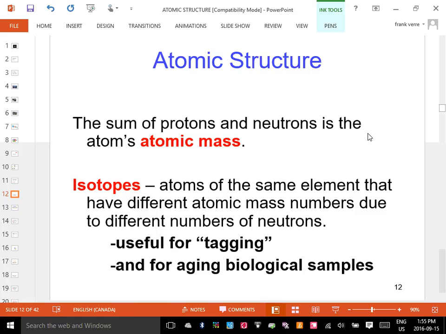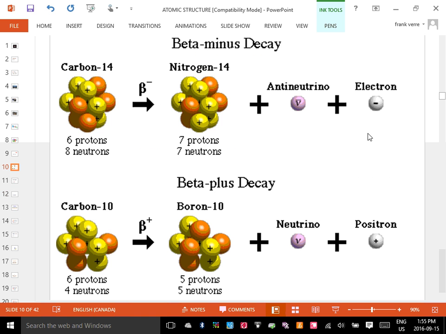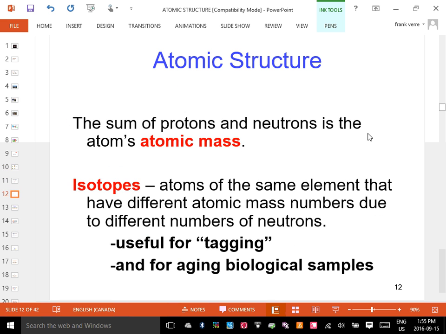So if two things have different mass number but the same atomic number, what are they called? Isotopes. So an isotope is the same element but doesn't have the same mass. So here, carbon 14 and carbon 10, they're isotopes. Same element, but they don't have the same mass.